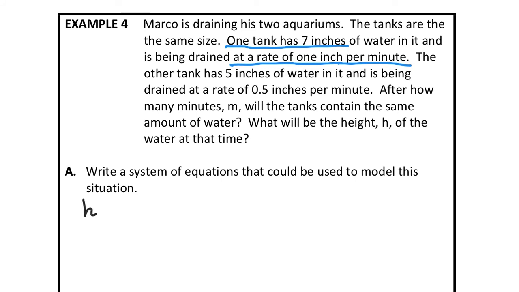So the height of one tank is 7 inches, but is being drained. So drained means you're subtracting a certain amount. So you're subtracting 1 inch per minute.